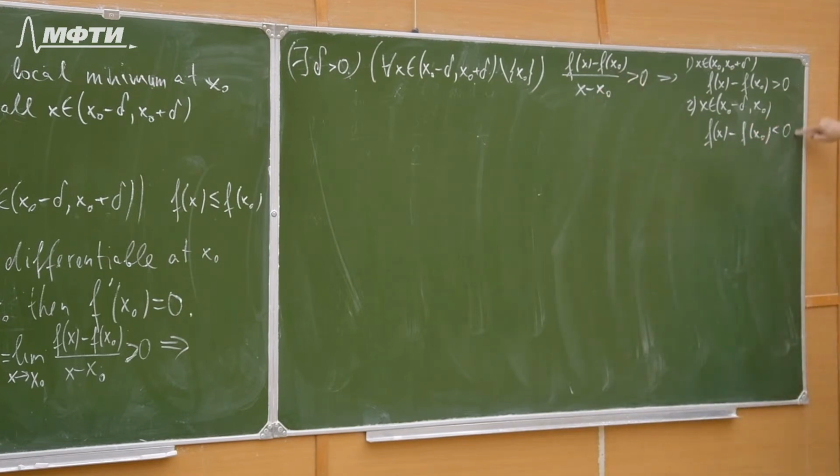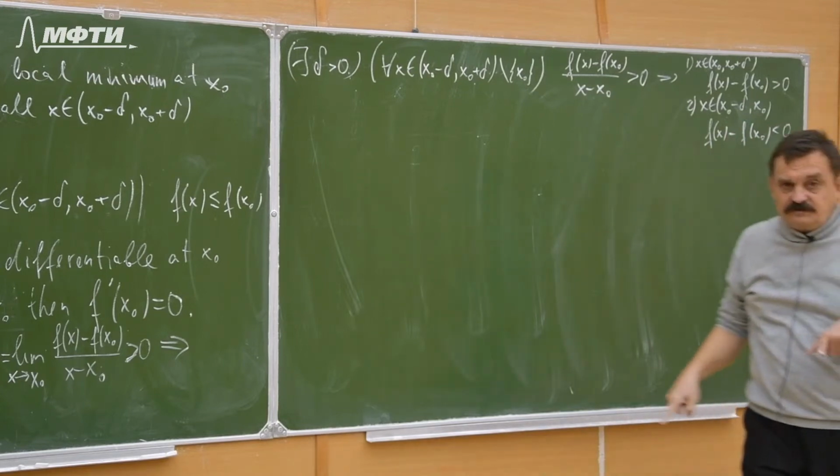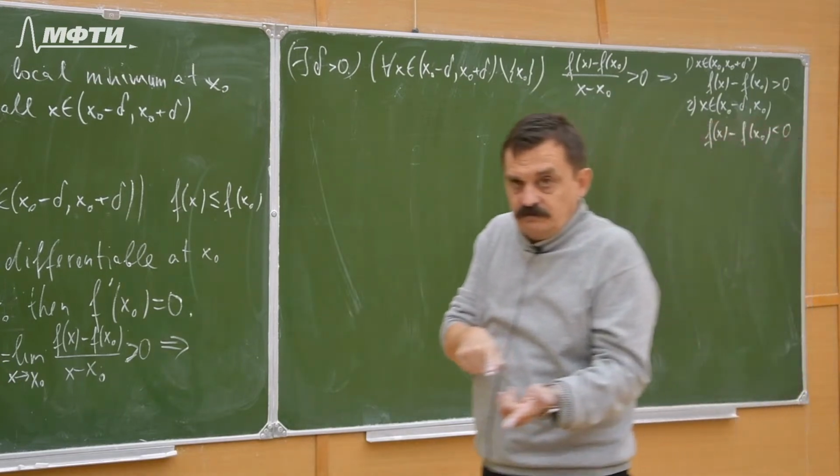And what do those inequalities mean for minimum and maximum? So we have f of x greater than f of x naught in every right-hand neighborhood, and f of x is smaller than f of x naught in the left neighborhood.